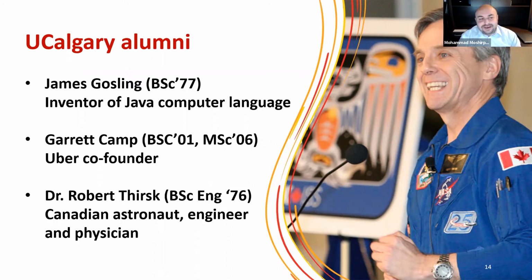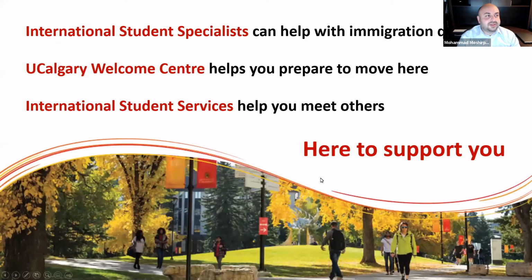So I kind of know Garrett that way. Not really, he doesn't know me, of course, but I went through the same supervisor as he did. There is Dr. Thirsk, who is a Canadian astronaut and was the university chancellor. He's also a University of Calgary graduate.